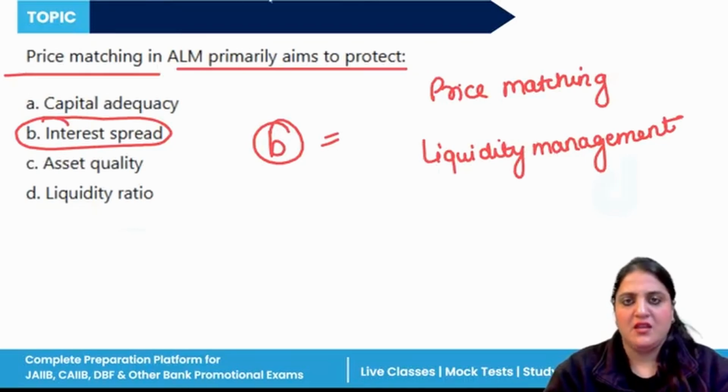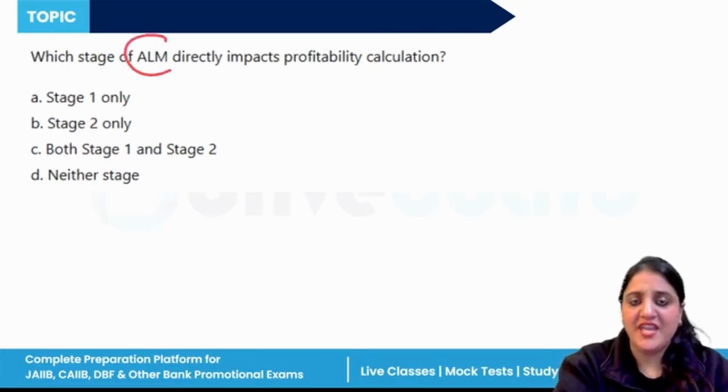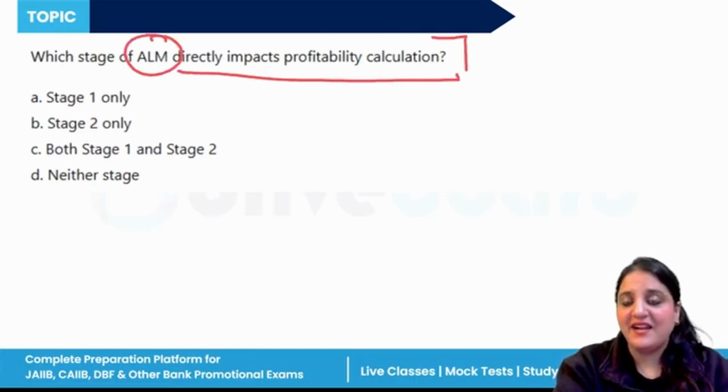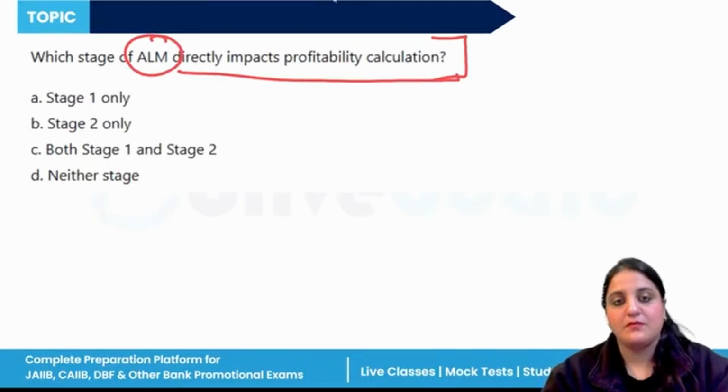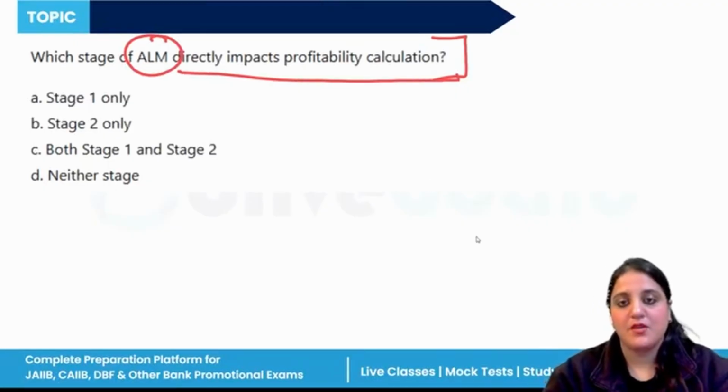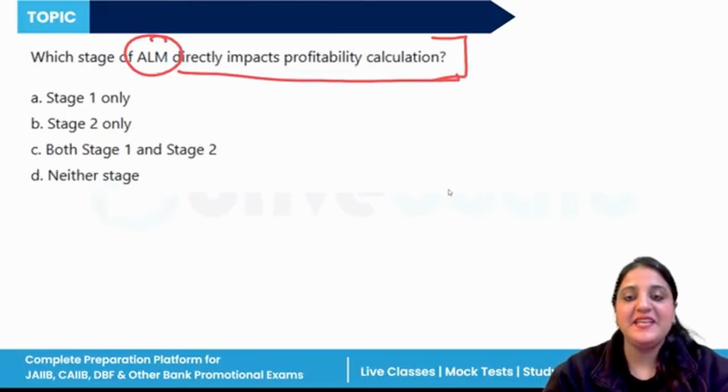Got it? Now the next question is, which stage of ALM directly impacts the profitability calculation?